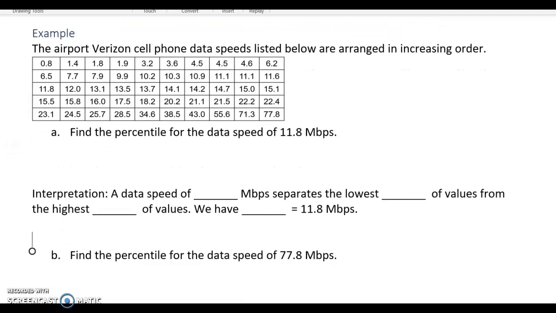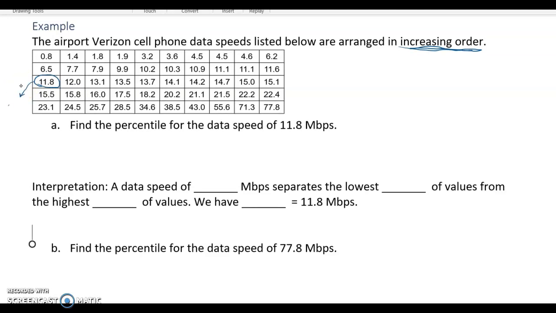The airport Verizon cell phone data speeds listed below are arranged in increasing order. Very important to have your data in increasing order when you're doing a percentile problem. We need to find the percentile for the data speed of 11.8 megabits per second. So let's first find the first place that we see 11.8 on this chart. It happens to be right here. 11.8 is the 21st data value.